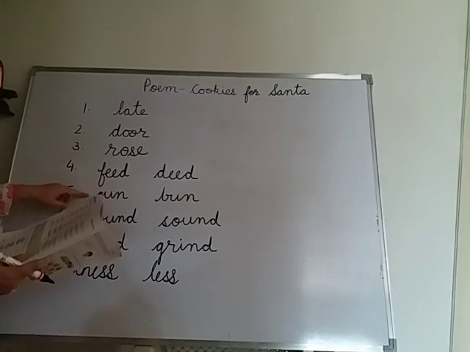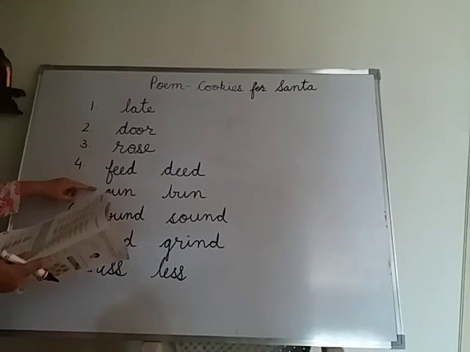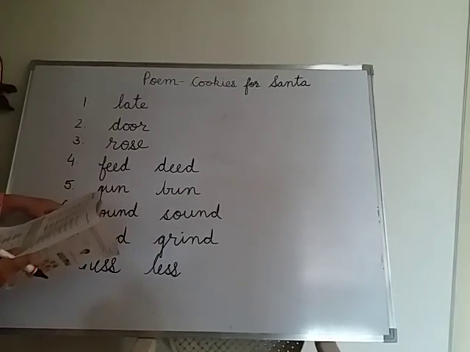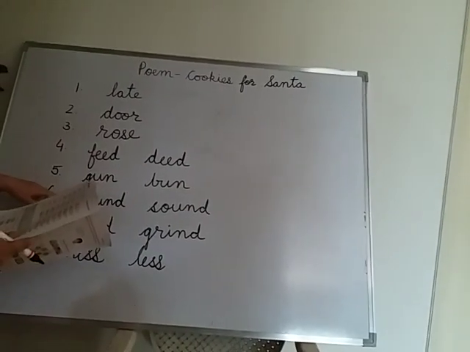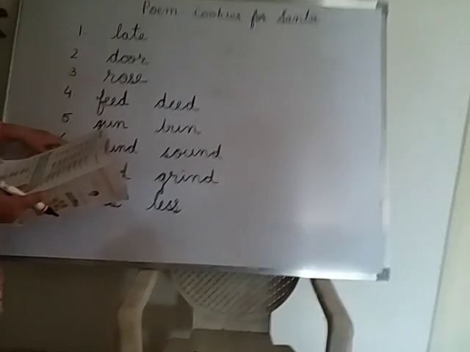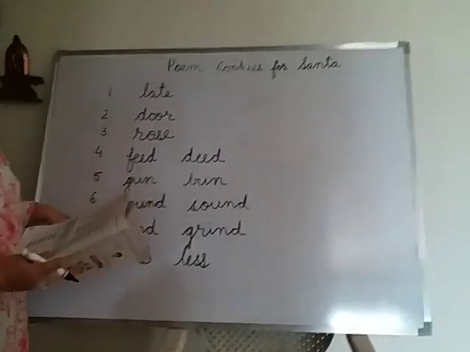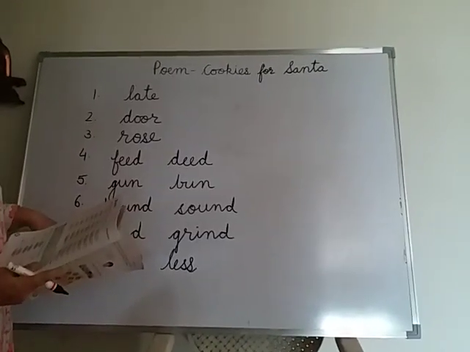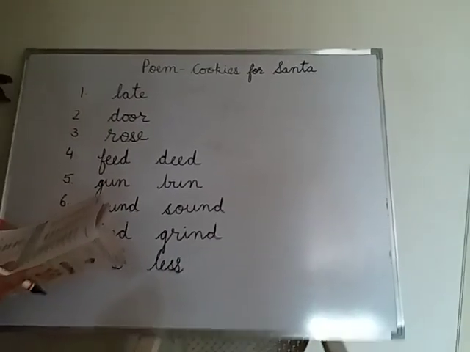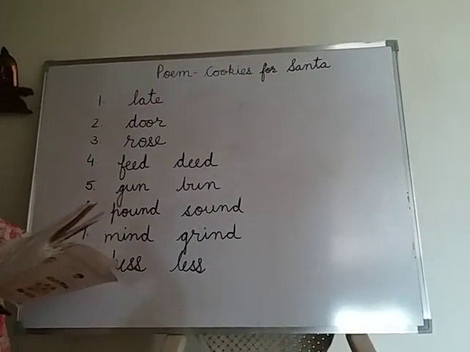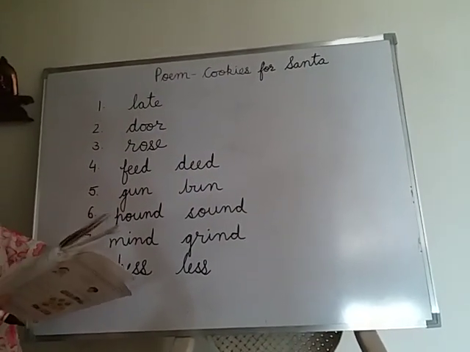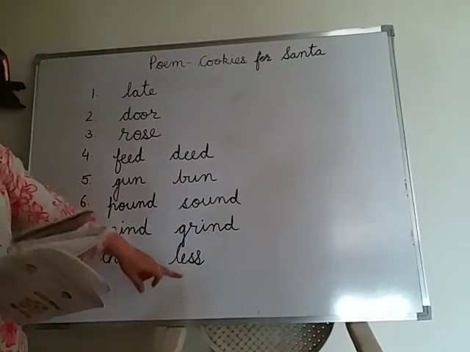The words are gun, bun. Next is ground. The similar sound words are pound, sound. Next is bind. Rhyming words are mind, grind. Next, guess. And the rhyming words are chess and less.